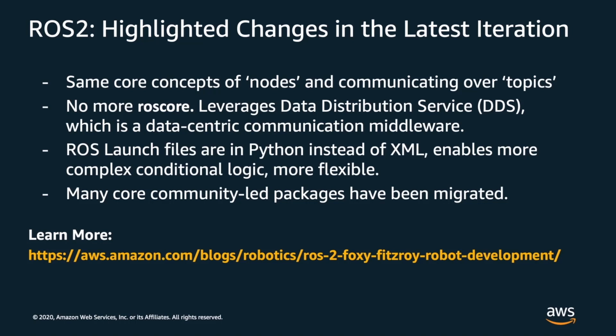This enables more complex conditional logic and makes your ROS Launch process a little bit more flexible. And finally, one thing to note is many of the community-led ROS packages have either been added already or are actively being added into the community for ROS2. So it's definitely something to look at for new projects. If you want any more information on ROS2, check out the link to the blog on this slide.